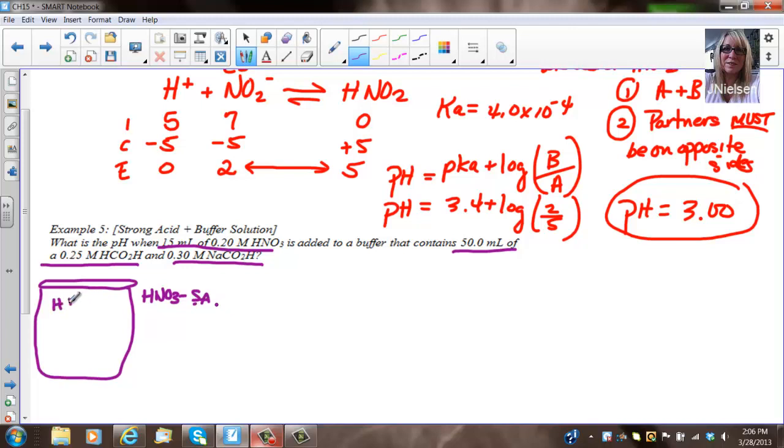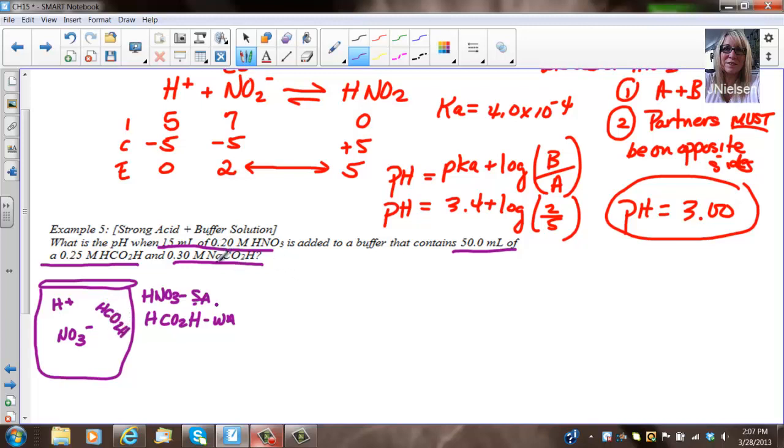And that's going to dissociate into H plus and NO3 minus. Also in my beaker, I have HCO2H, which is formic acid, which is a weak acid. Therefore, in the presence of this, it probably will not dissociate.